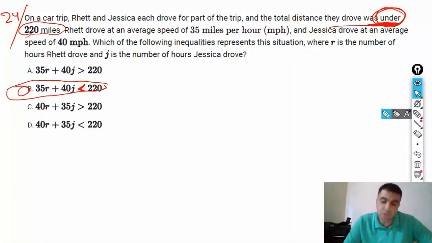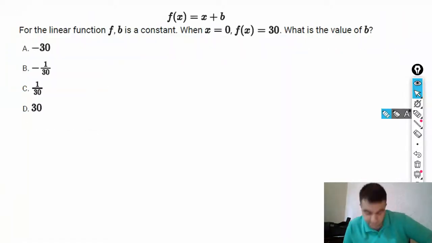Okay, let's continue with the other equation. Answer D. Mr. Saib said and Mr. Turan said it is D. Let's solve.